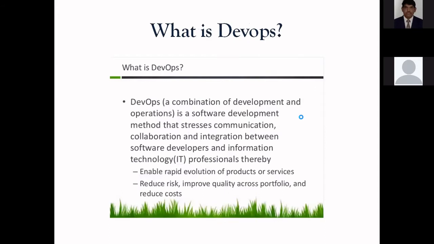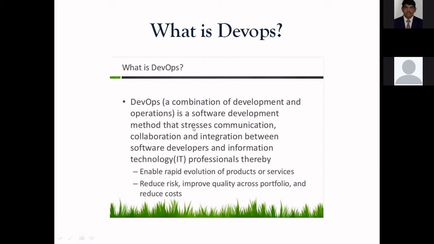So the first thing is DevOps. The word DevOps is a combination of two teams, the developers team and the operations team, and it has risen because of the differences between them.